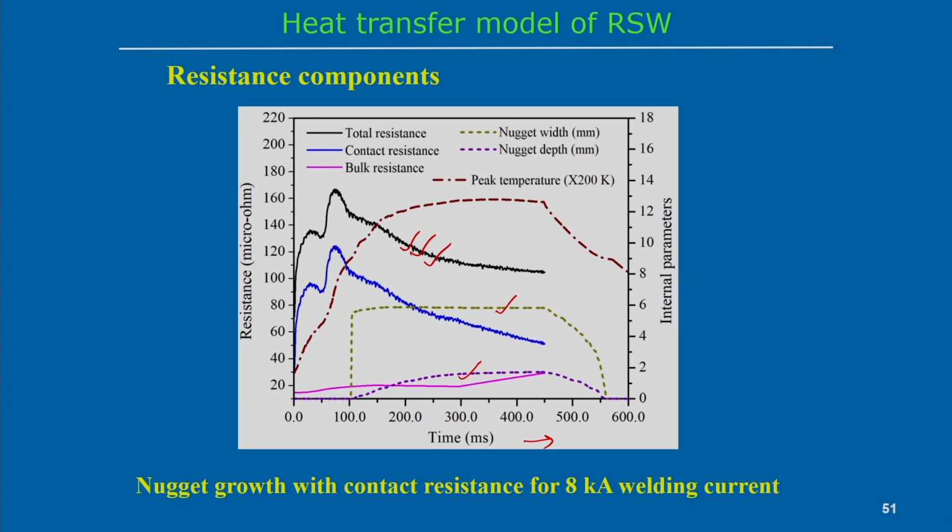Although the bulk resistivity values are available as a function of temperature, we can map them to what is happening with respect to time, because spot welding duration is very short, maybe 200, 300, 400 milliseconds only. This indicates the bulk resistance, which for a particular material is very well defined. So, this is the total resistance, and this is the bulk resistance.